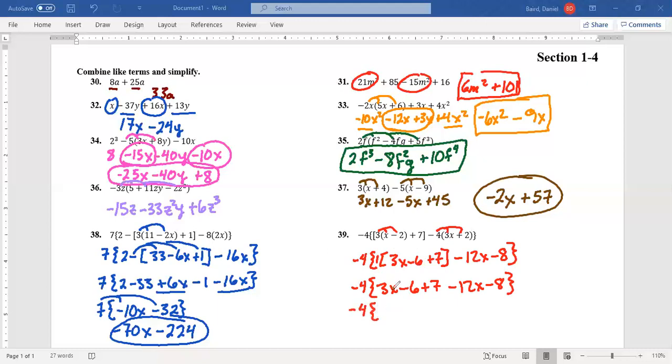Negative 4, this gives us 3x minus 12x, that's negative 9x, and a negative 6 plus a 7, that's positive 1, minus 8 is a negative 7. Is that right? Yeah, negative 6 and negative 8 is negative 14 plus 7. Yep, there we go. And the negative 4 jumps in, and we get positive 36x plus 28. Oh, excellent.